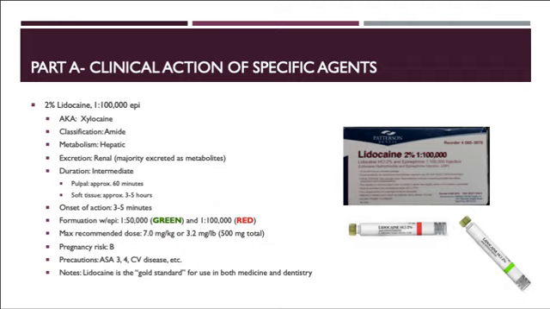Pregnancy risk category for this drug is B, which means that it's relatively safe. You should take special precautions for ASA class 3 and ASA class 4 individuals, also individuals that have cardiovascular disease. And lidocaine is really kind of the gold standard that we use in both medicine and dentistry.